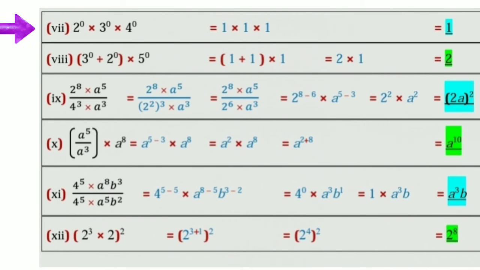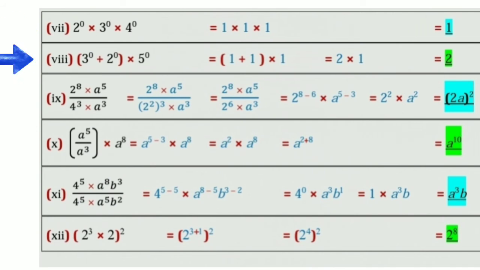Now seventh one, 2 raised to 0 into 3 raised to 0 into 4 raised to 0. Same thing here: 2 raised to 0 is 1, 3 raised to 0 is 1 and 4 raised to 0 is also 1. That is 1 into 1 into 1 is equal to 1. It's clear, everyone? Very good.